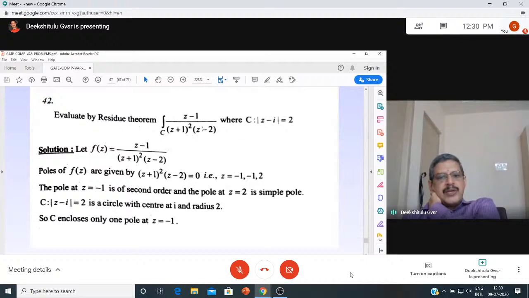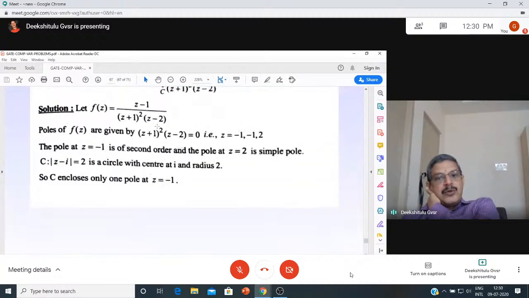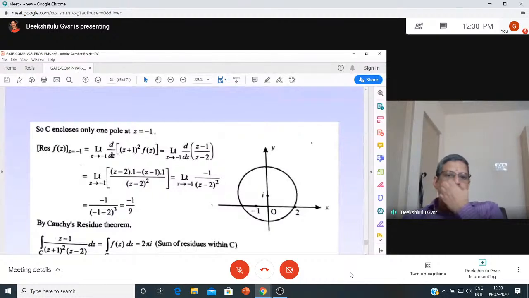Z is equal to 2 is an outside point. So the only pole enclosed is z is equal to minus 1, a pole of order 2. So we have to apply this formula: the limit as z goes to z naught of d by dz of z minus z naught square f of z. So this is what I get.